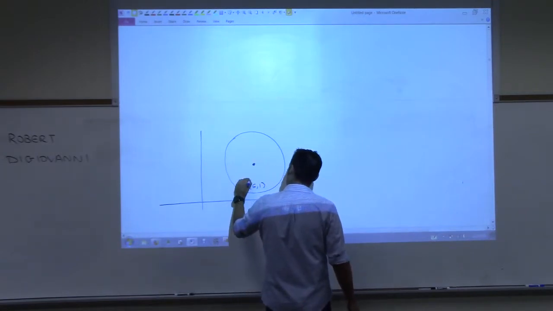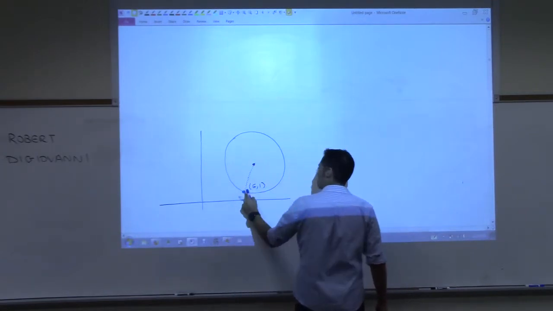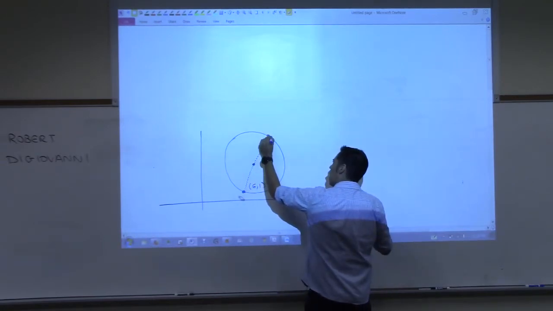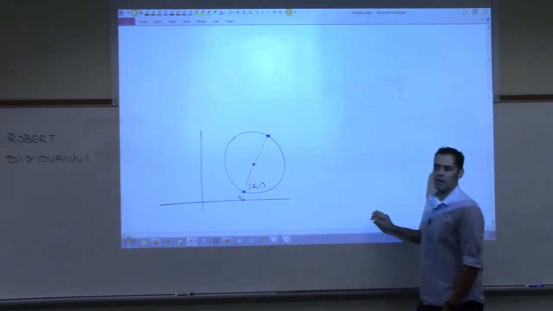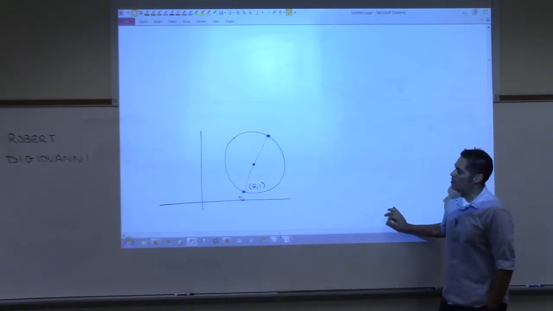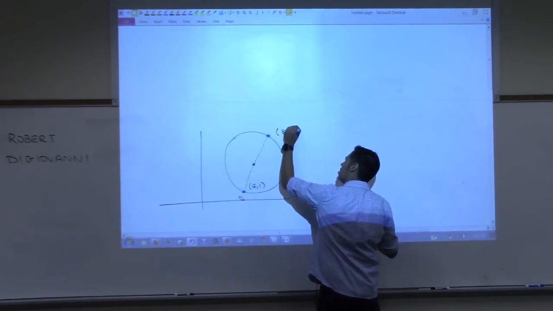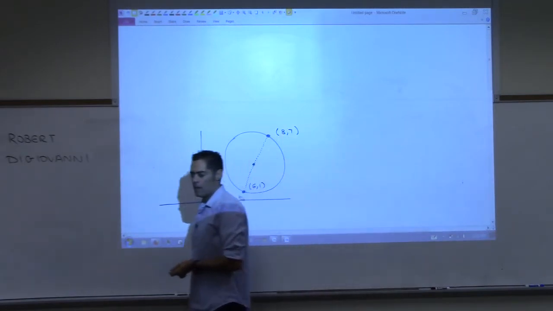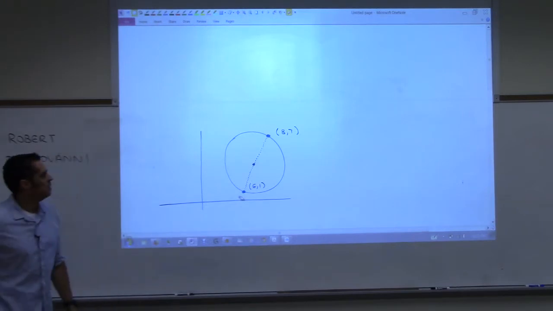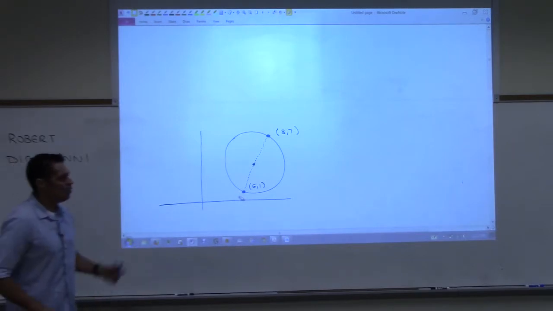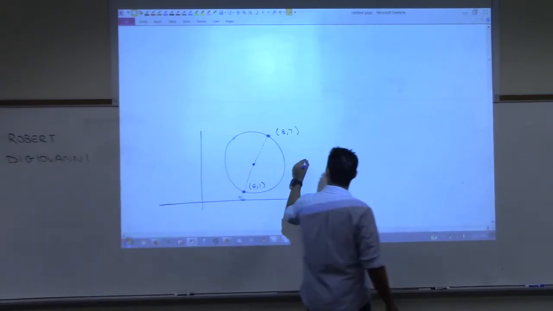And if you connect this point with this point and extend it straight through to the other side, you get a different point. And that point over there is the point 8, 7. Okay? I want to know the equation of this circle.